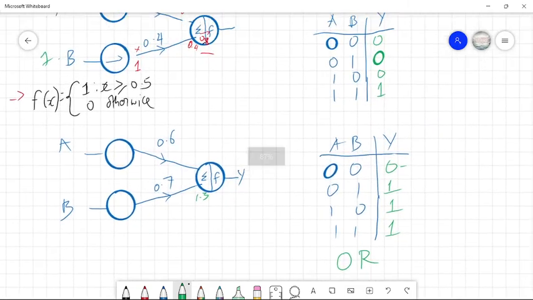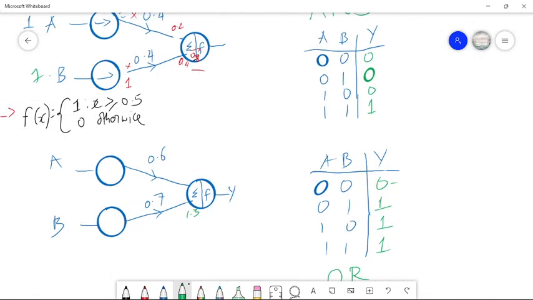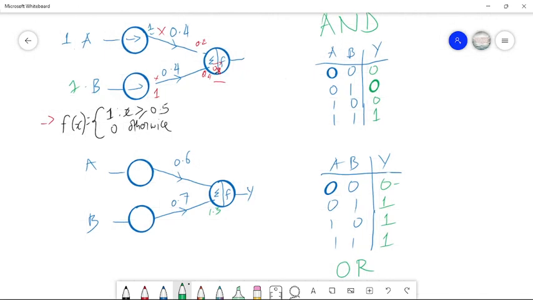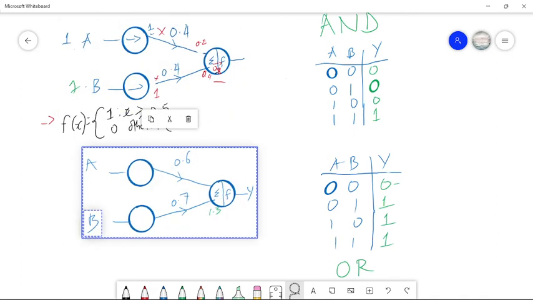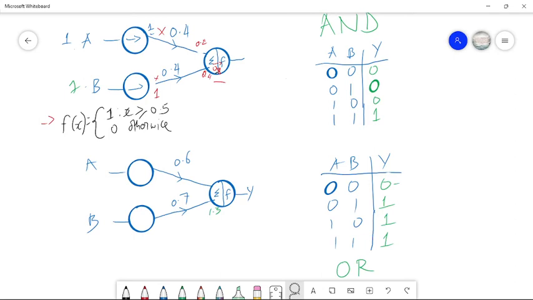Now, if I zoom out and we look at these two results that we got, you will see that our first network right here is exactly the same as our second network. The structure of these two networks is exactly the same. The only difference is that the weights have been changed. And by changing only the weights of this network, we have changed it from computing the logical AND and made it compute the logical OR.